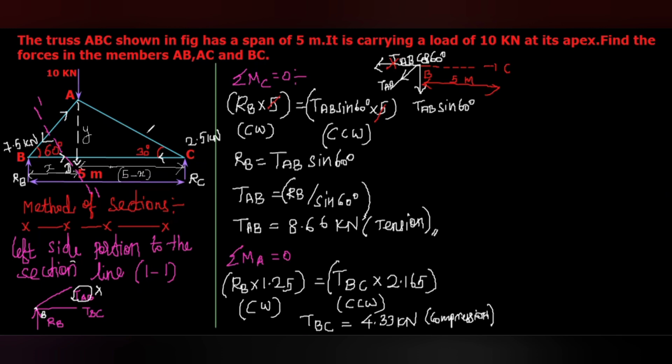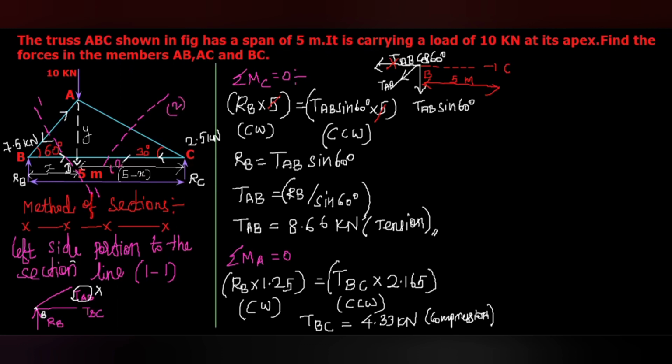For that, I am going to consider another section line. To calculate the tension in the member AC, I am going to consider another section line which cuts the required member AC like this.